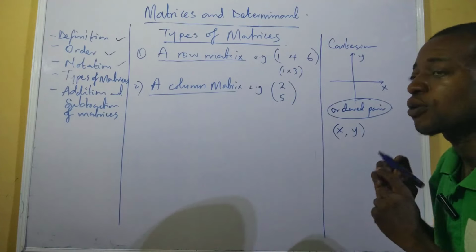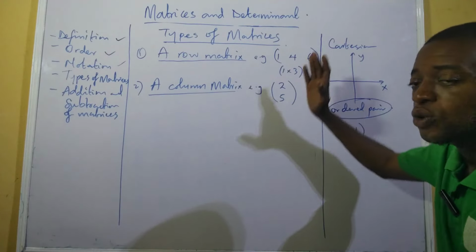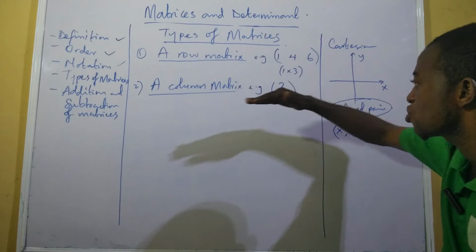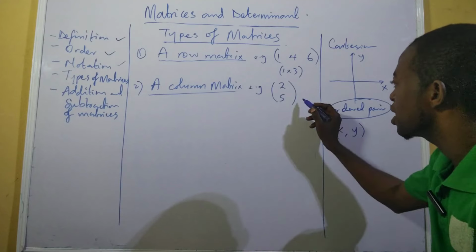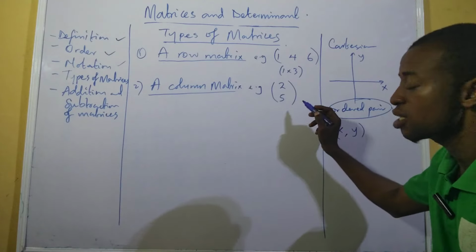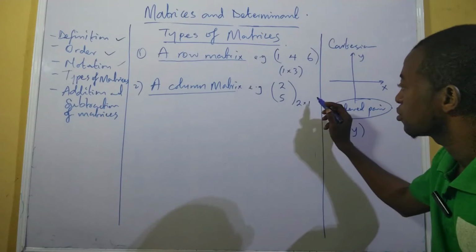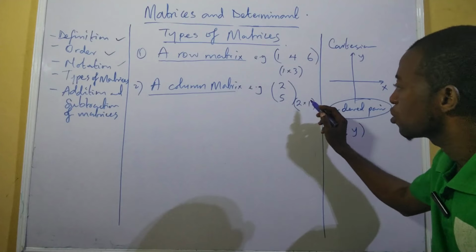This matrix is having just one column, but how many rows? 2 rows. This is the first row, second row. So the order here, row comes first, we now say we have order 2 by 1. So 2 rows, 1 column.